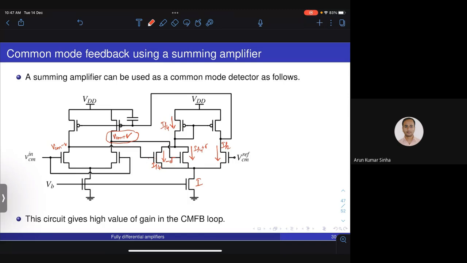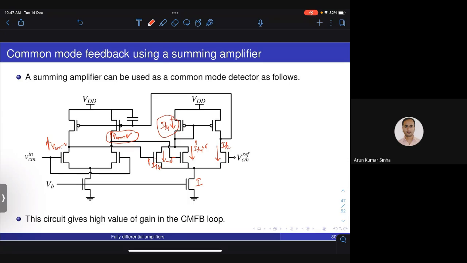If the input common mode changes, if this common mode itself increases, then each of these currents will increase from I by 4, which will result in increasing of this current, which will then follow the negative feedback action and adjust the PMOS bias to ensure that the loop settles.